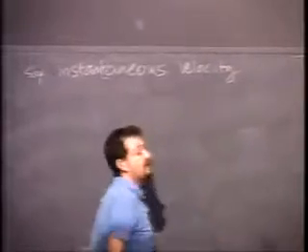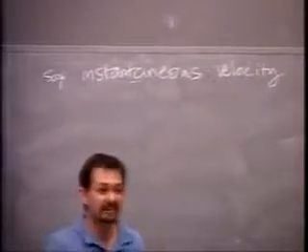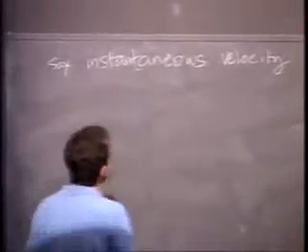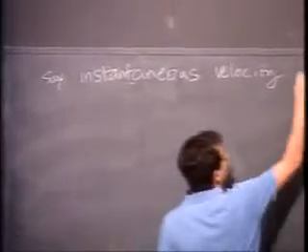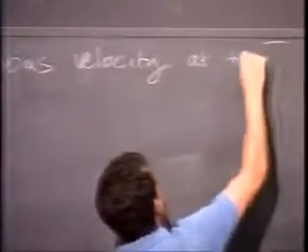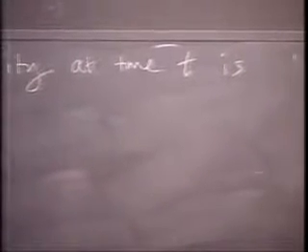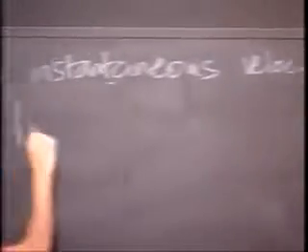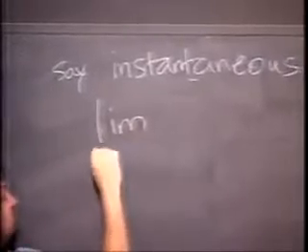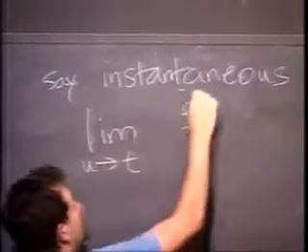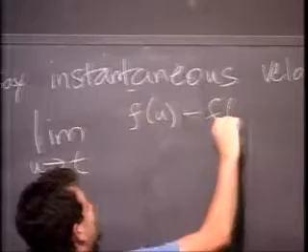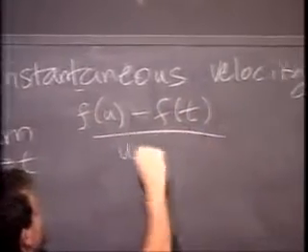If I say the car is going at 55, I mean right now. I don't mean average. So we say the instantaneous velocity at time t is the limit of the average velocities over really short time periods. Limit as u goes to t of f of u minus f of t over u minus t.